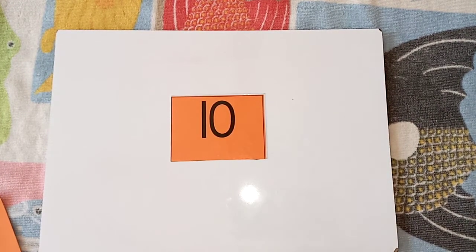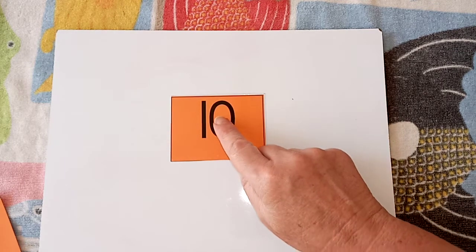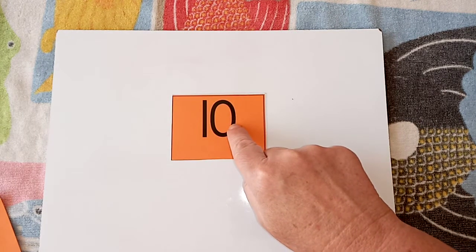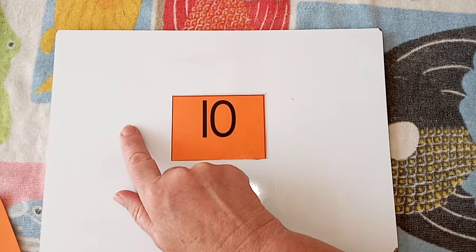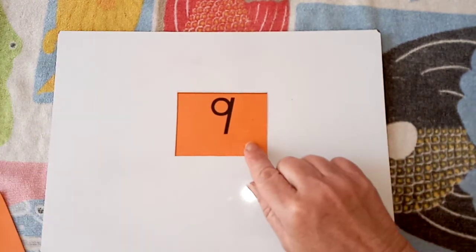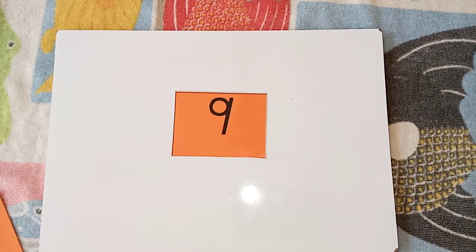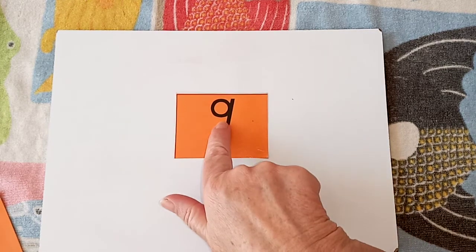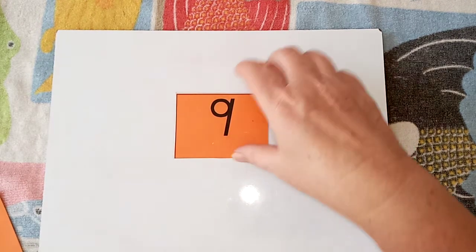What comes before 10? Yes, before is this way. So we count this number before we count 10. Number 9. 9, 10. Right. Which number comes, let me find, before 9? 8. 8, 9, 10. Right.